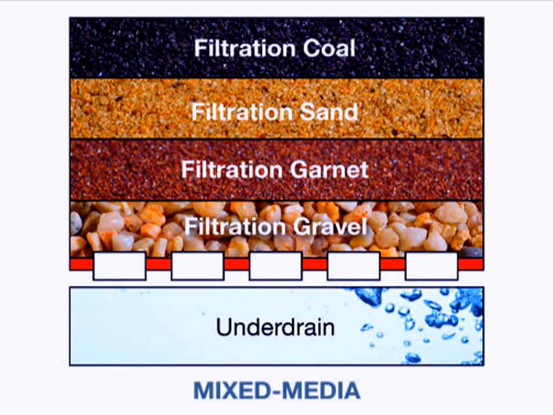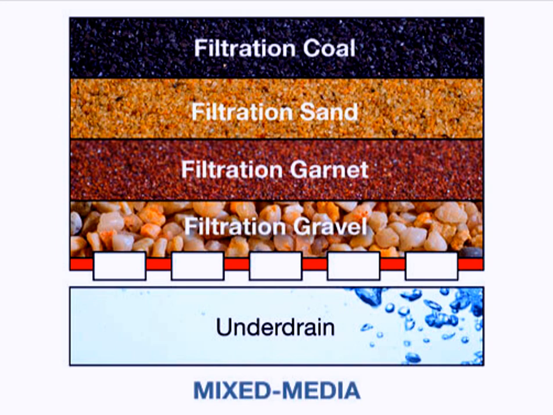In the United States, the sand is described in terms of the effective size, ES, and the uniformity coefficient, UC. The ES, effective size, is that size for which 10% of the grains are smaller by weight. The UC, uniformity coefficient, is a measure of the size range of the sand.